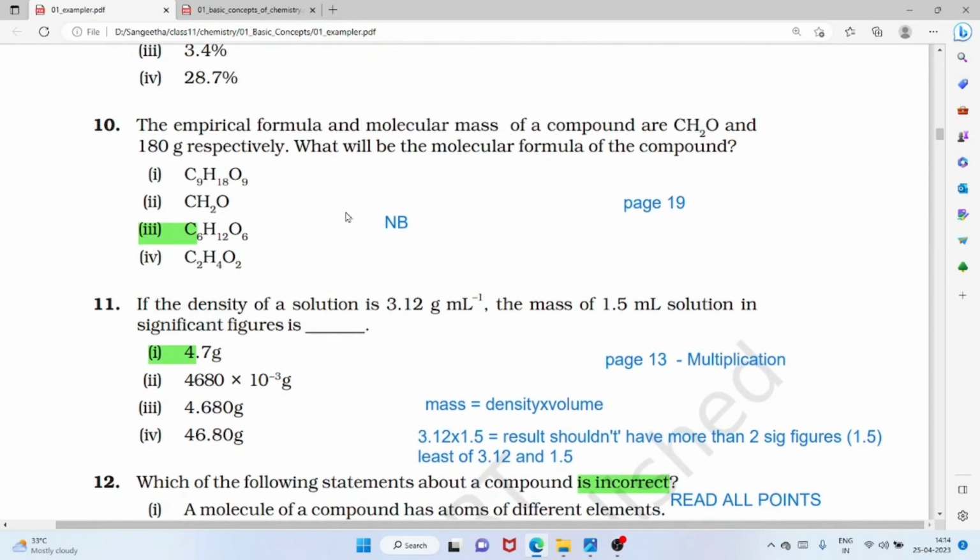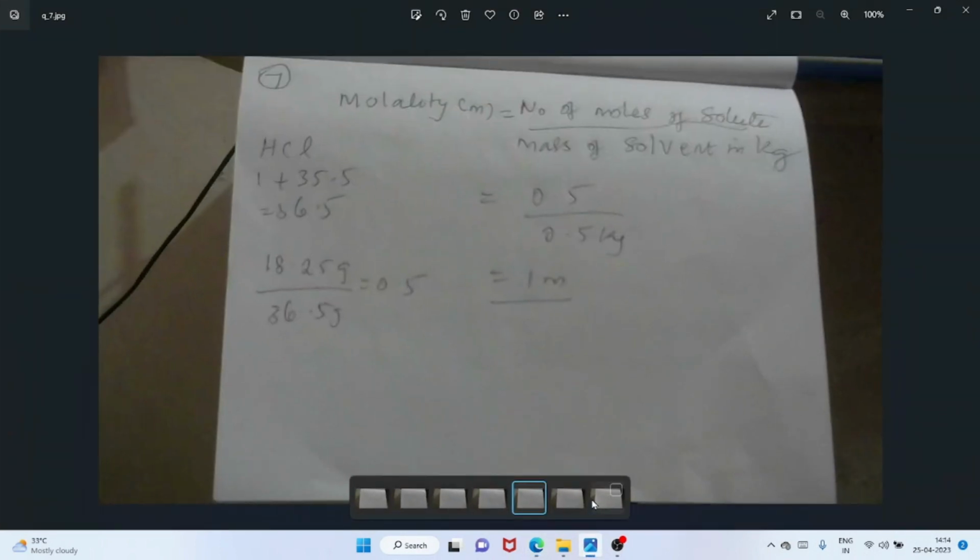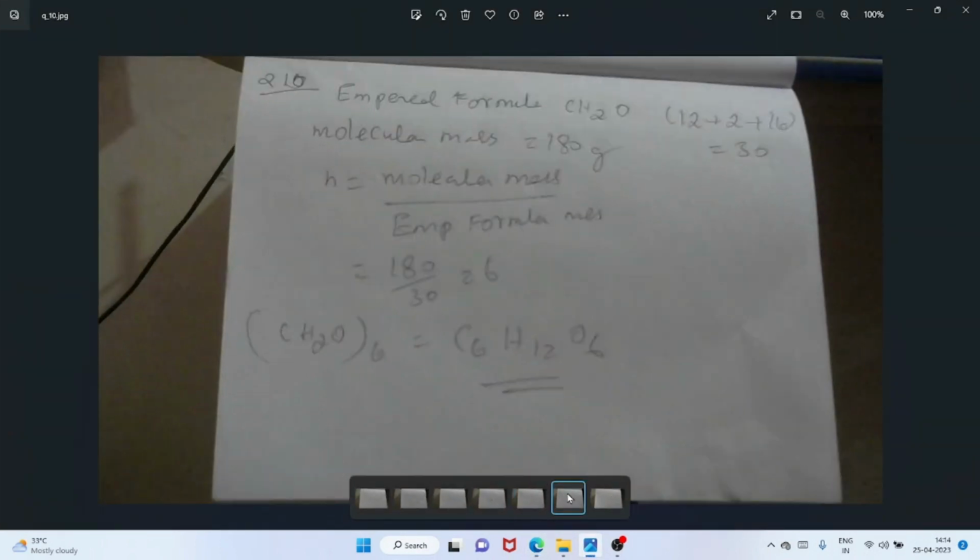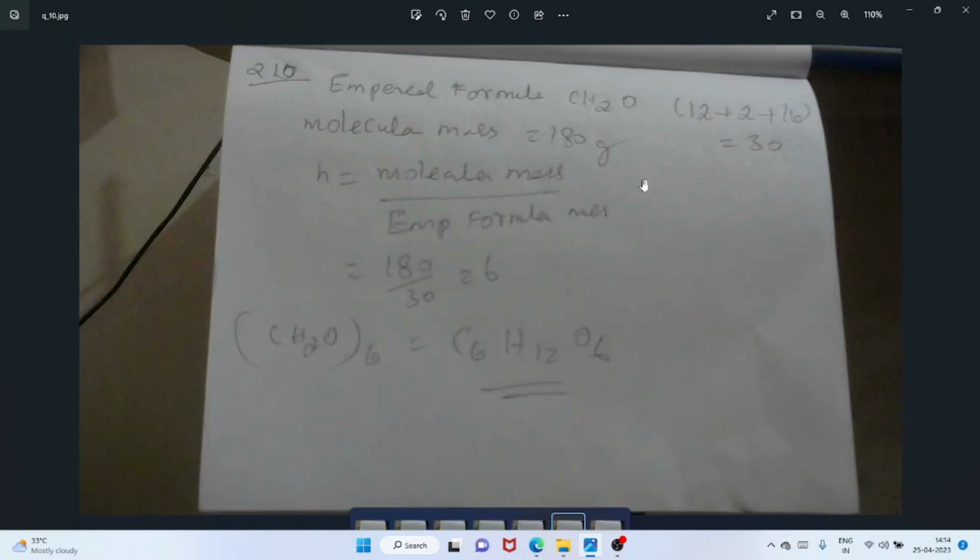The empirical formula and molecular mass of a compound are given. Okay, what will be the molecular formula of the compound? Okay, this is the empirical formula.